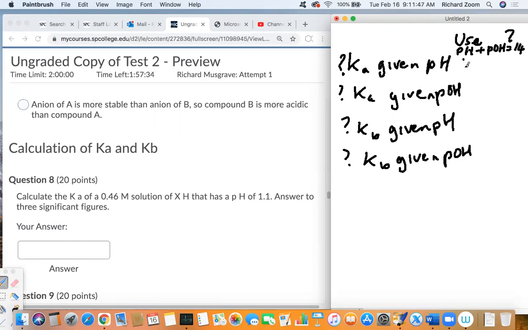If you've got Ka given pH, then you've got the H, which is the H plus. So you don't use the pH plus pOH is 14.